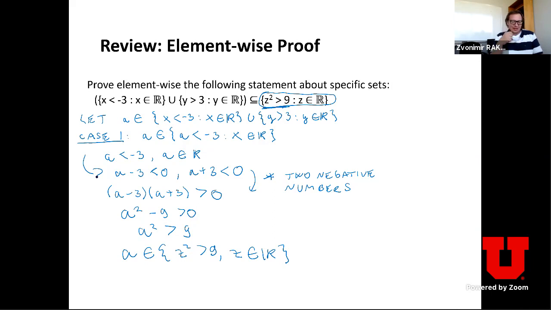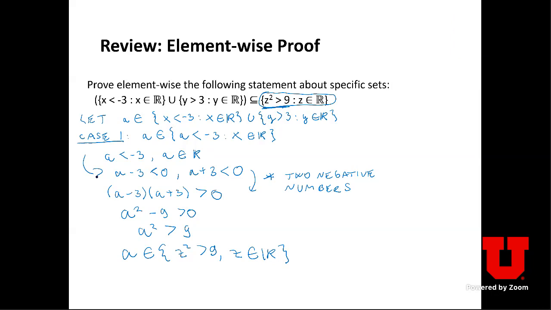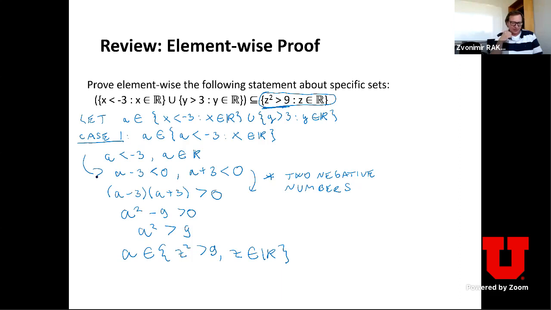Because these are real numbers, I'm not sure squaring both sides preserves the inequality. I wasn't convinced that it preserves the inequality, and so I did it the other way.